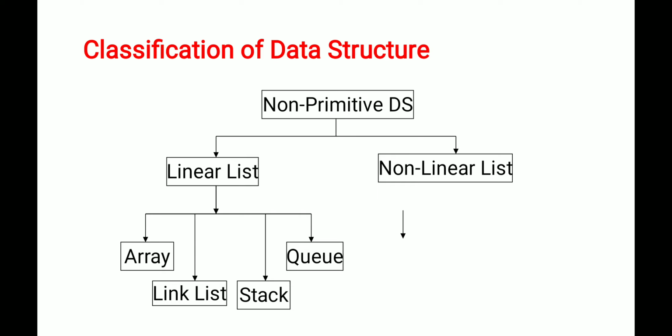When we take the example of an array, similar type of data is stored in computer memory in a sequential format, one after another. Homogeneous data will be stored there. When we arrange data sequentially into the computer memory, we use a linear data structure. The examples are array, list, linked list, stack, queue.